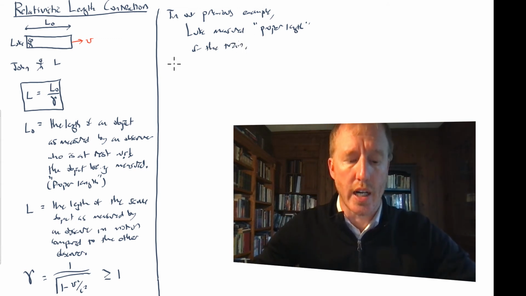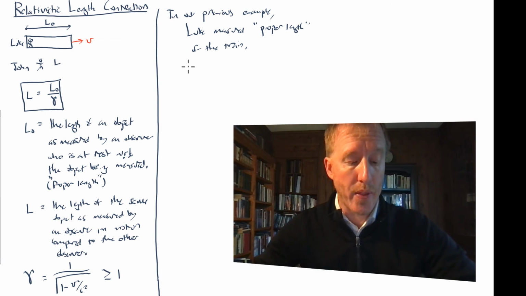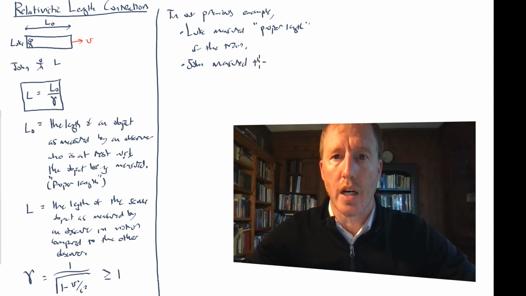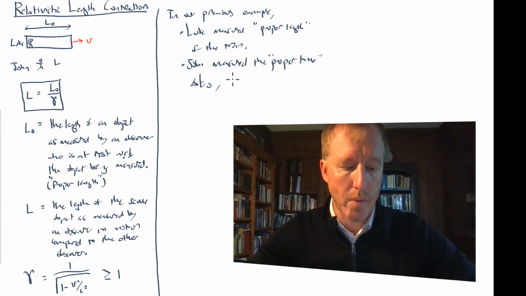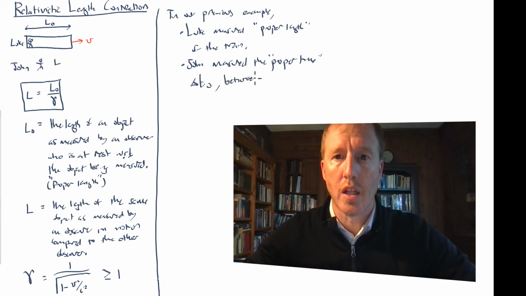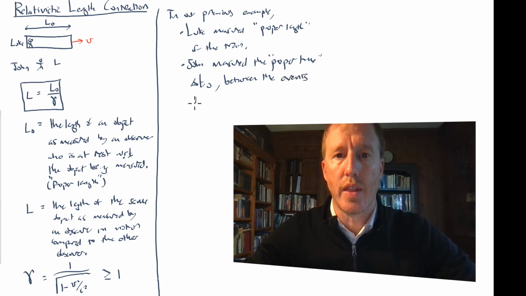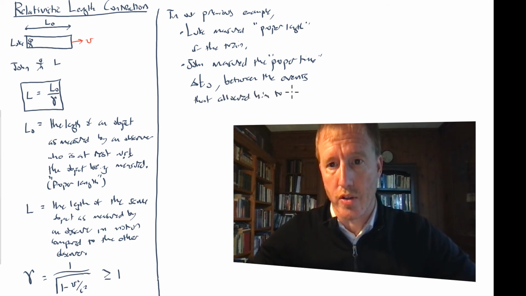But it was John who measured the proper time between the two events that allowed them to measure the length of the train. So John measured the proper time, that is delta t naught, between the events that allowed him to measure the length of the train.